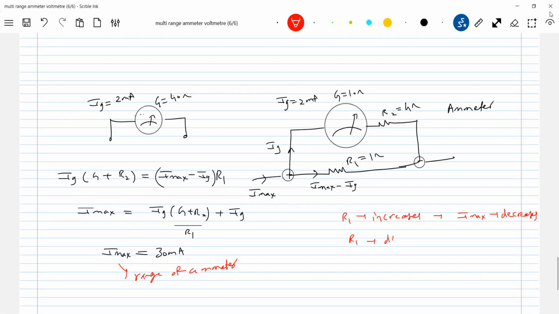If R1 decreases, the range Imax increases. If R2 increases, I am keeping R1 constant, then the range will increase.